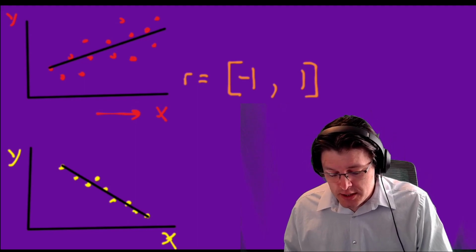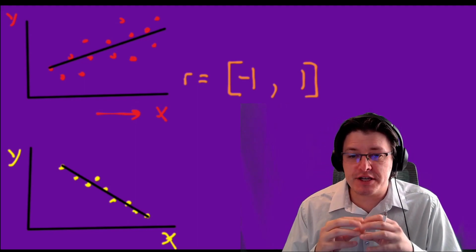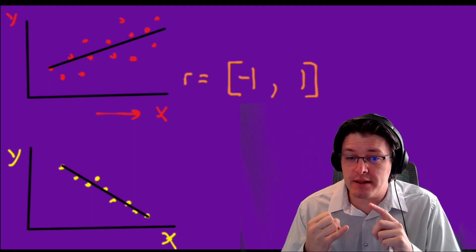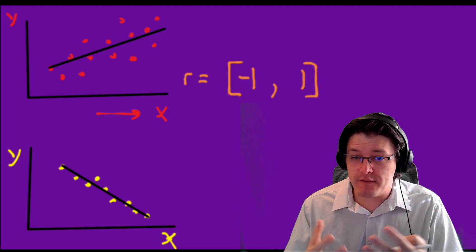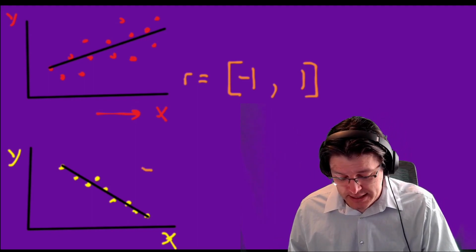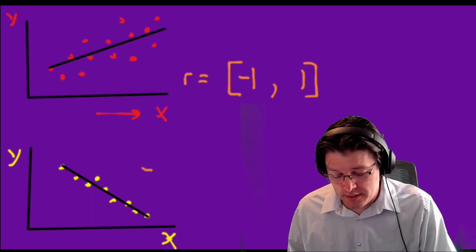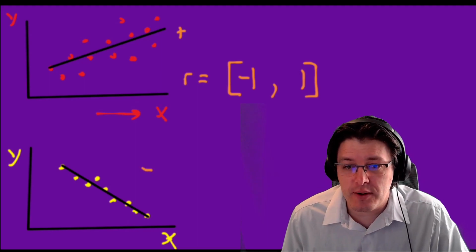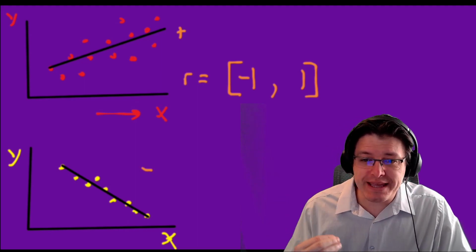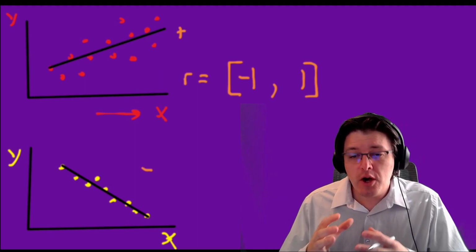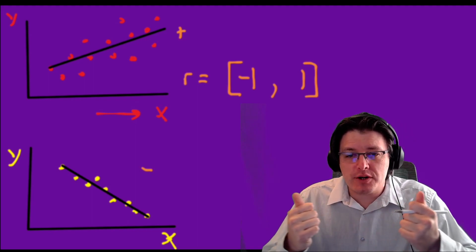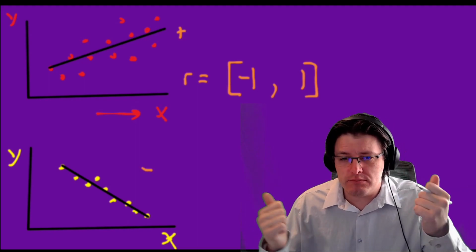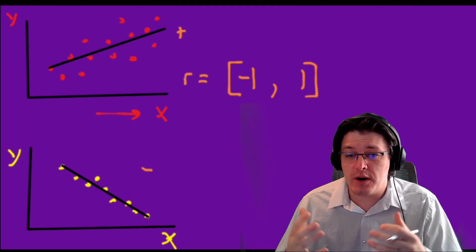Okay, so correlation gives us two bits of information. It tells us the sign. We have either negative or positive, which is a negative or a positive relationship, right? This would be a negative value down here, and this would be a positive value up top. We also have the strength of it, and the strength is how far towards either -1 or 1 you are.